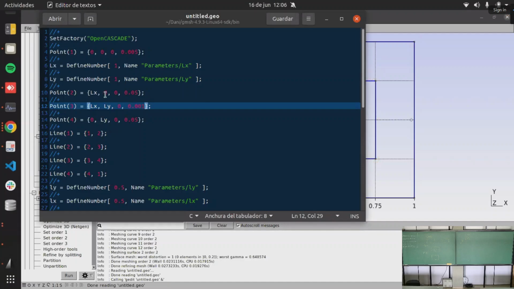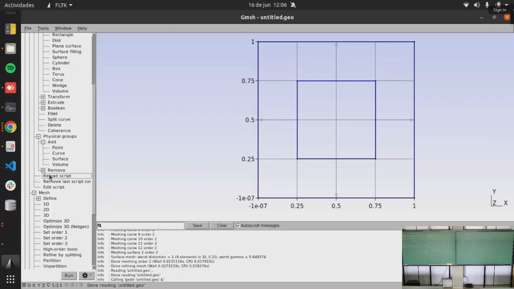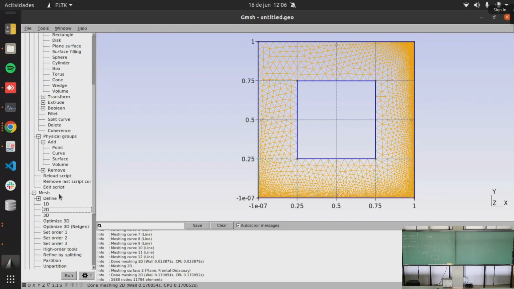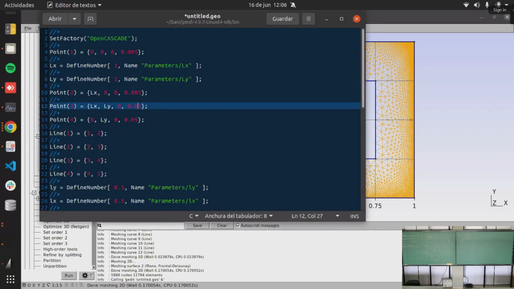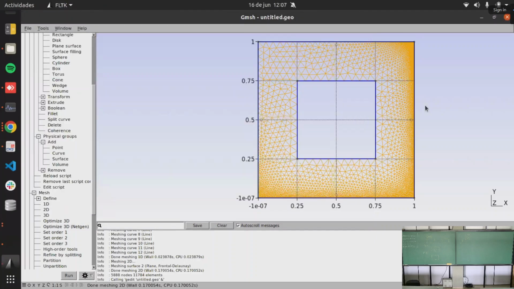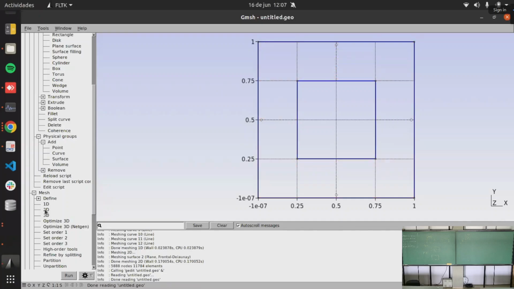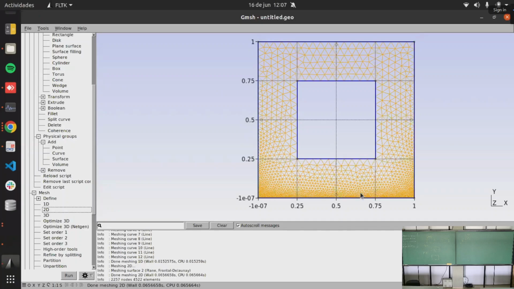The other point was this one, so I put the same resolution as the origin point, and reload the script and the refinement. So maybe I can change the exterior point to the same resolution after all to see the effect. That will change to the same resolution all the points here.